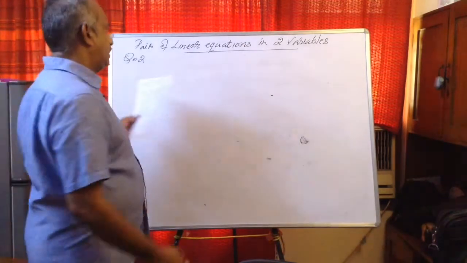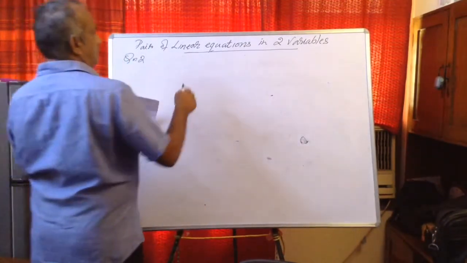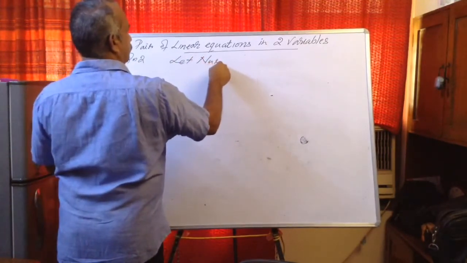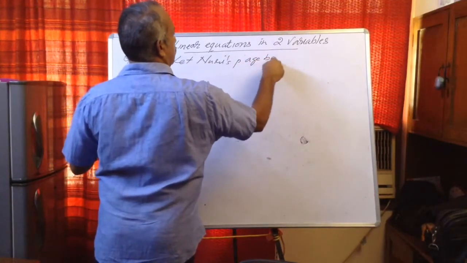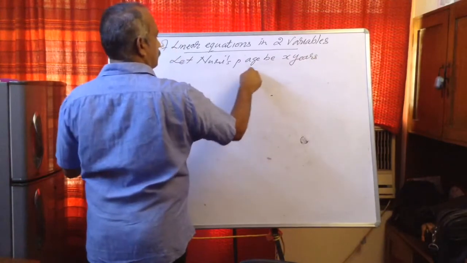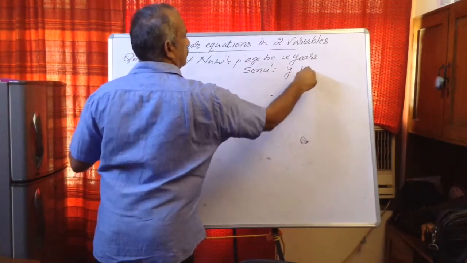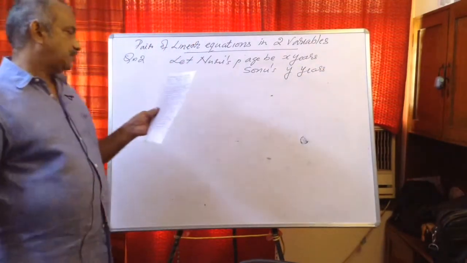So we'll assume one of their ages as x and the other one as y, of present age. Let Noori's present age be x years and Sonu's y years. Now present age we are asked to find out.